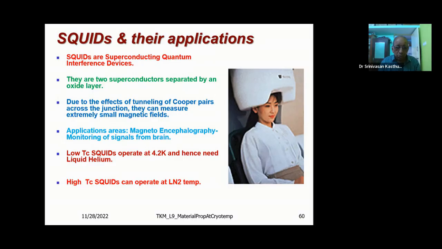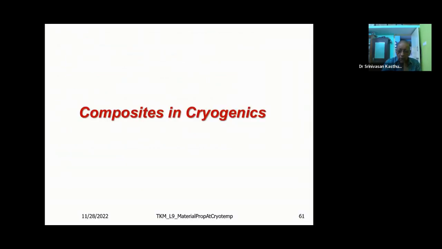There are a lot of application areas. Specific application areas include magnetoencephalography to monitor the brain signals, and you can also use it for detection of magnetic fields, so as a magnetic field sensor. Low TC DC SQUIDs operate at 4.2 K, and therefore they require liquid helium, whereas high TC SQUIDs can operate at LN2 temperatures.